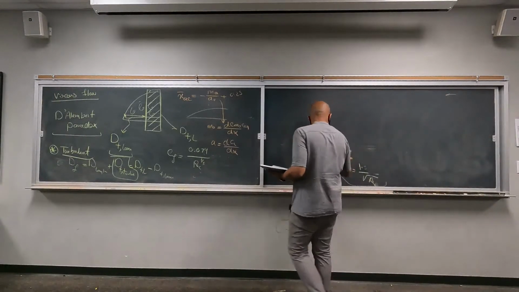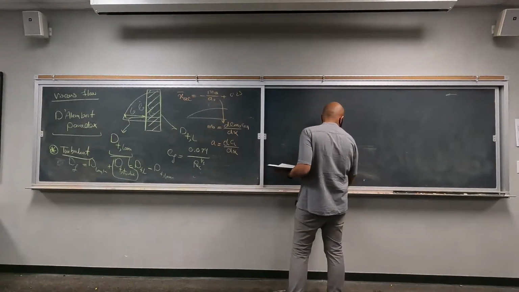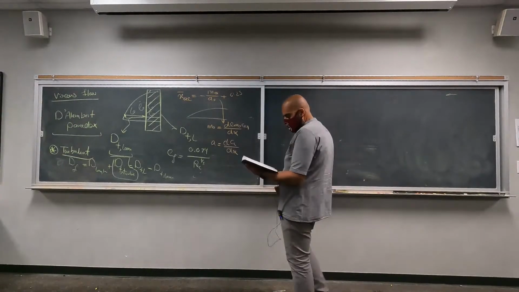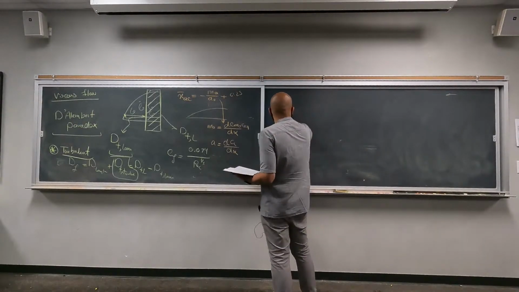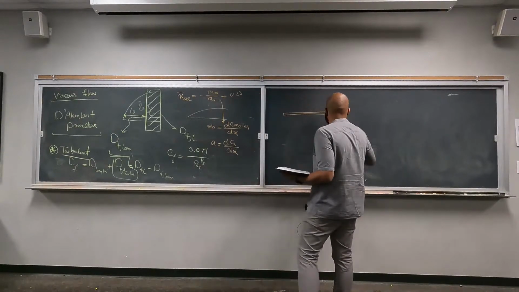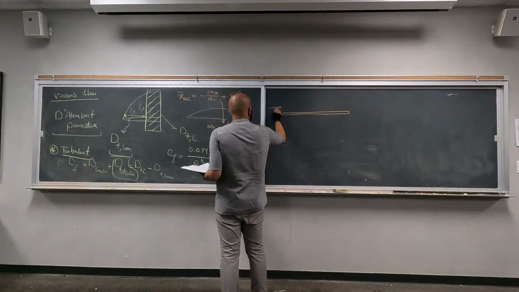This is also a very important calculation that will probably show up in an exam, so you want to make sure that you are clear. We have this flat plate. Flow coming in is V infinity.